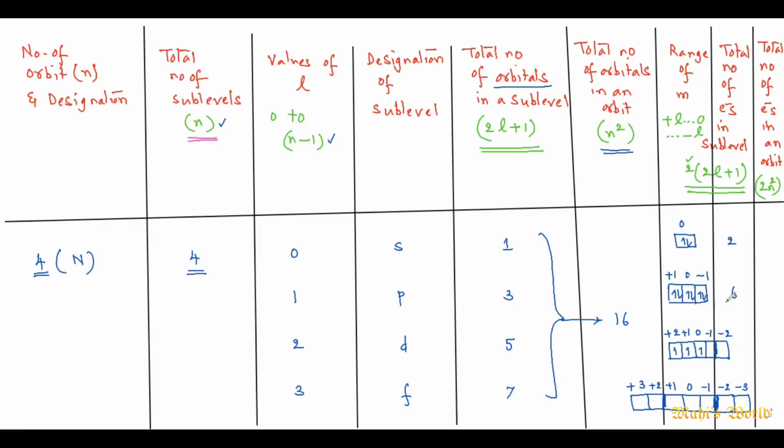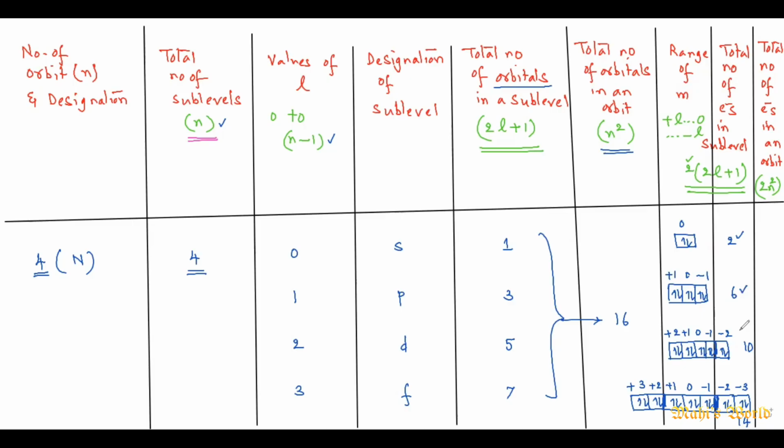In D, you can fill up a total of 10 electrons. Now look at this: 1, 2, 3, 4, 5, 6, 7, 8, 9, 10, 11, 12, 13, and this is 14. So you can fill up a total of 14 electrons.